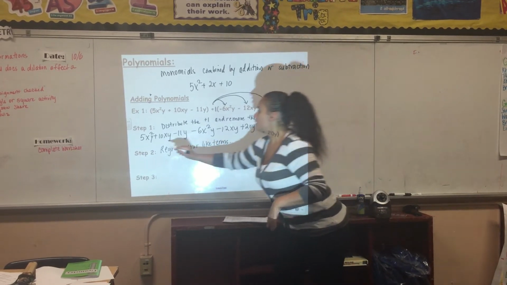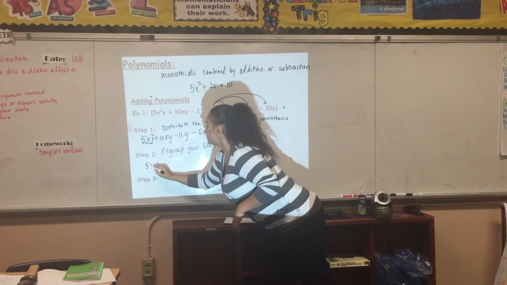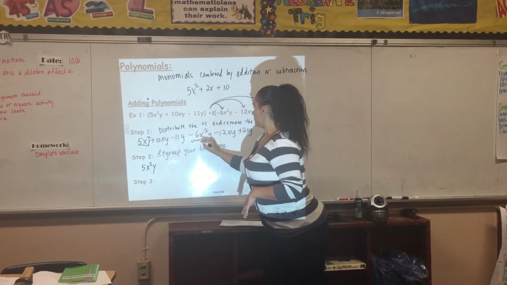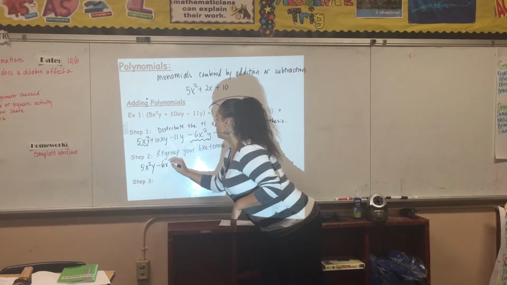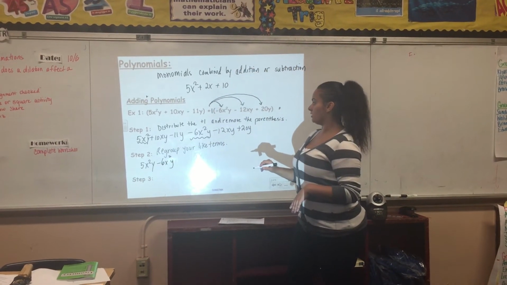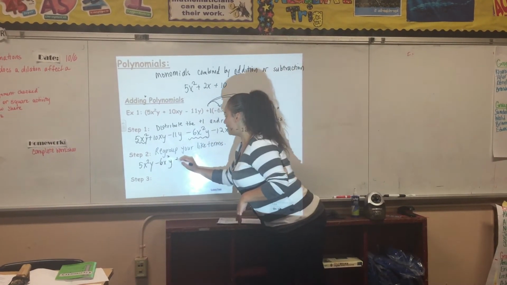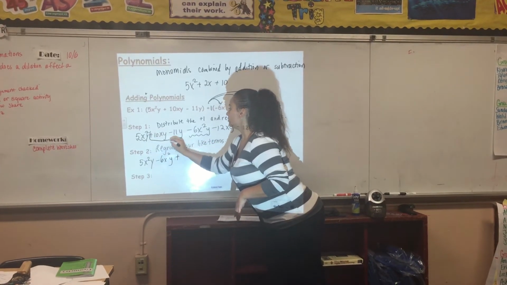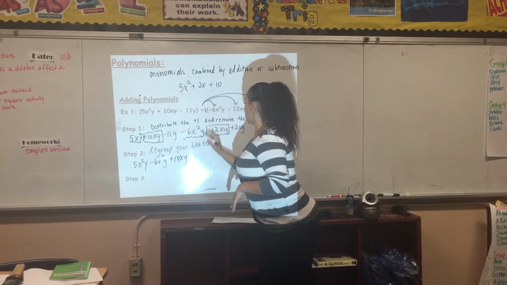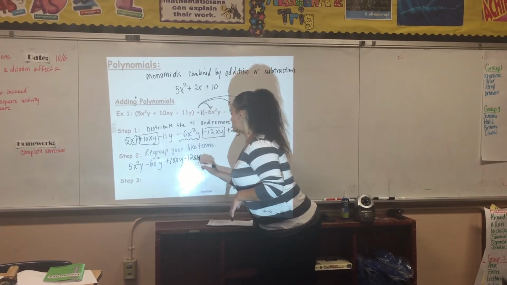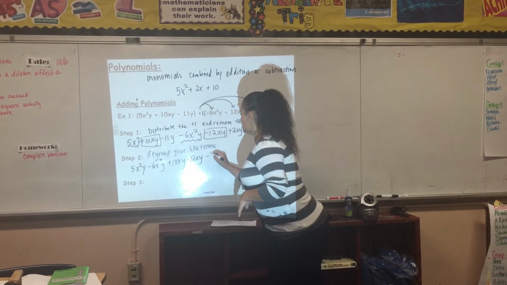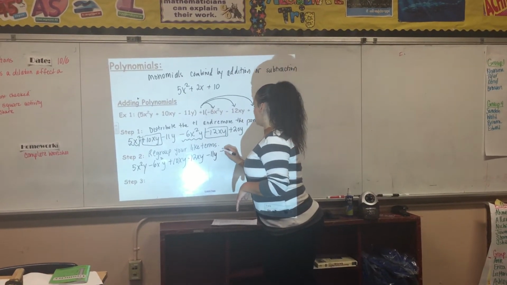So, for example, 5x squared and negative 6x squared y are like terms, so I'm placing them next to each other, plus 10xy minus 12xy are like terms, so I'm placing them next to each other, and the last two are negative 11y plus 20y.